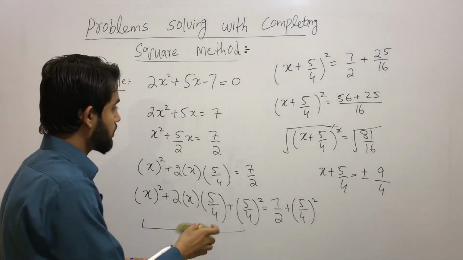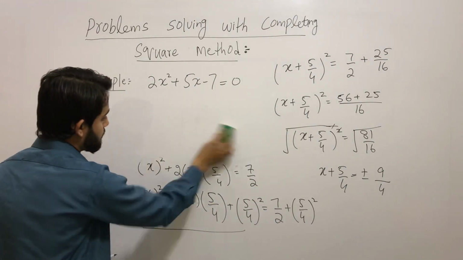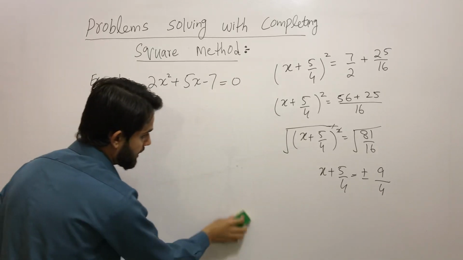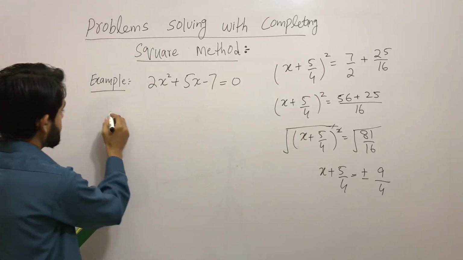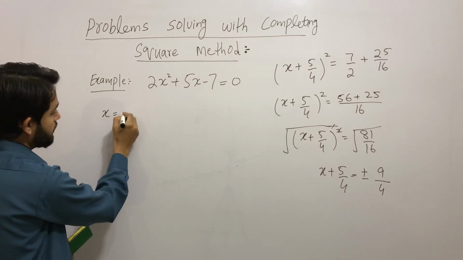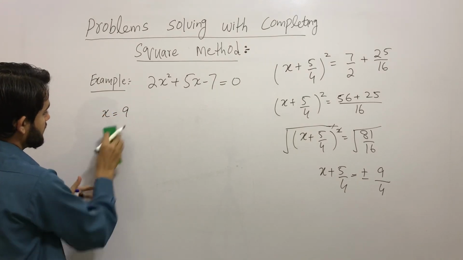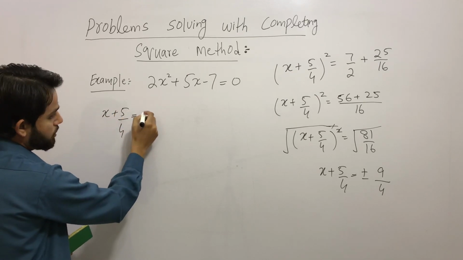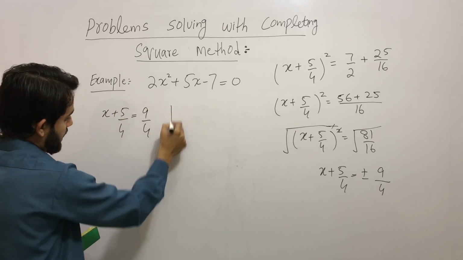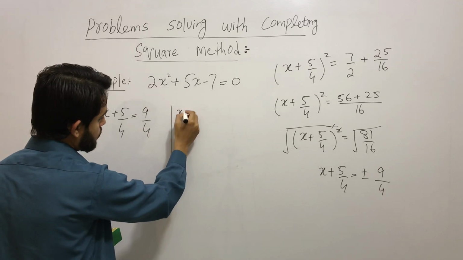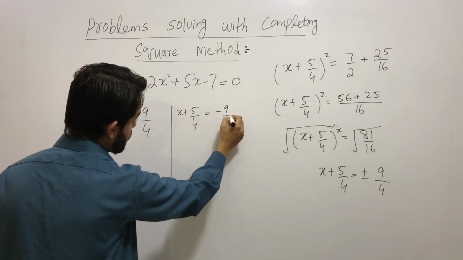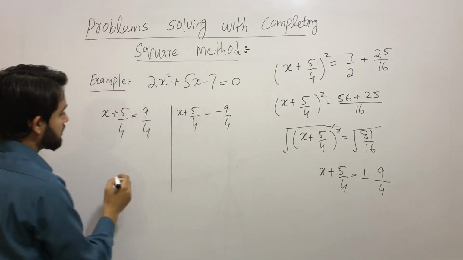So we are going to solve it for both the values, and let's see what it will become. So x plus 5 over 4 equals 9 over 4, and we can draw a line to make sure that we are separating the two different values that we have got. One is plus and one is minus.